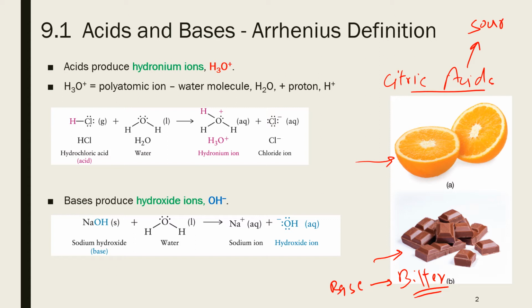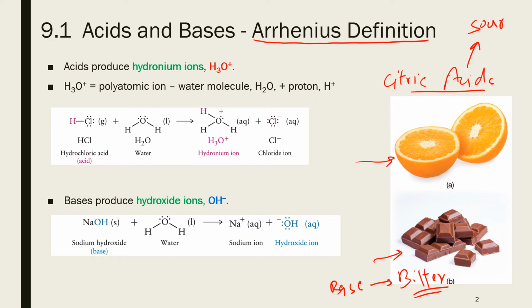So now we know the difference between the taste of acids and bases, but how do we define them chemically? The first definition of acids and bases was given by a Swedish chemist. His name was Arrhenius. That's why this definition is known as the Arrhenius definition.